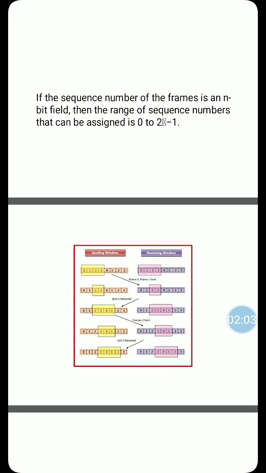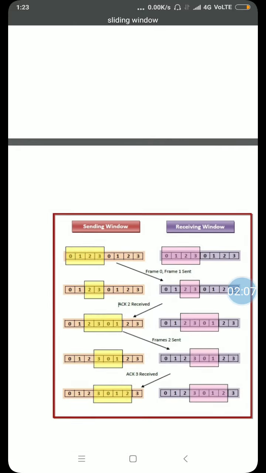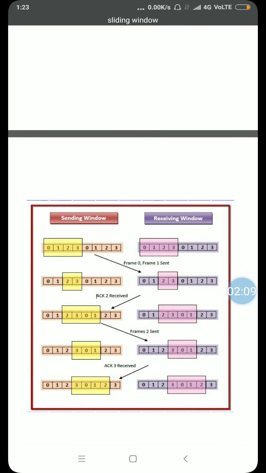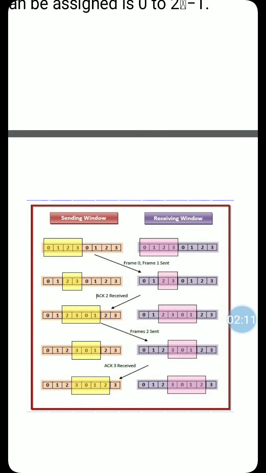Here we have one diagram that shows a basic example and the working of the sliding window protocol. Suppose that we have a sender window and a receiver window, each of size 4.